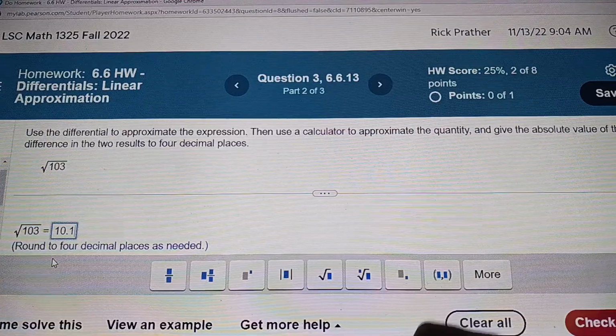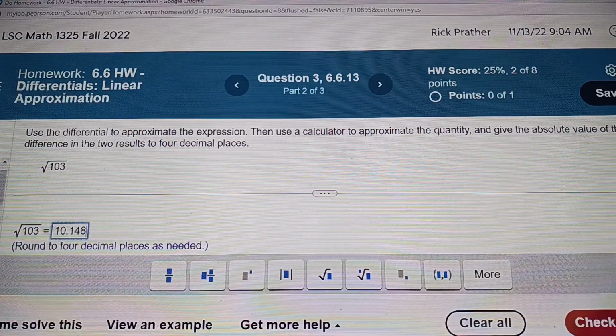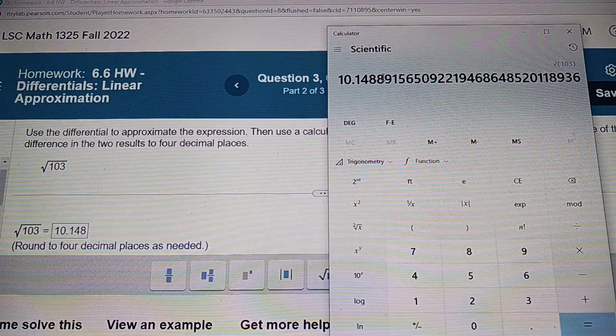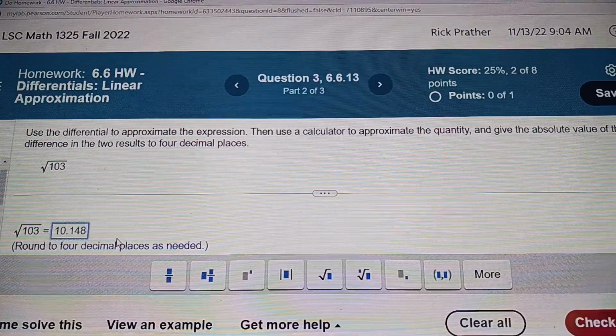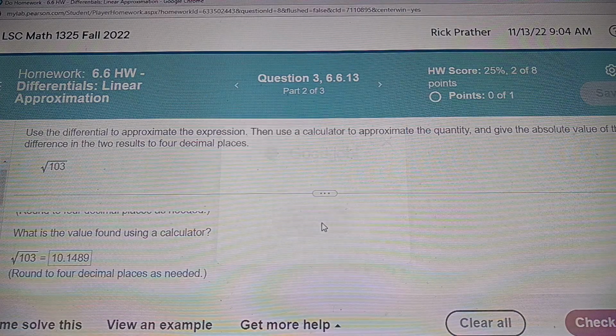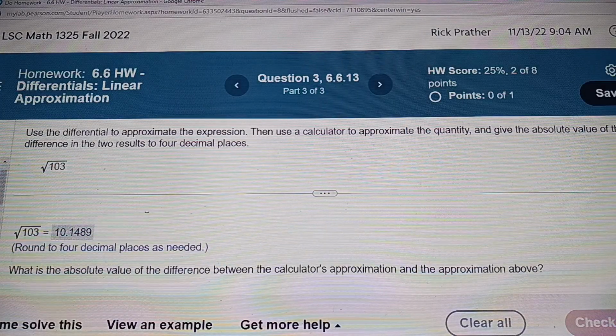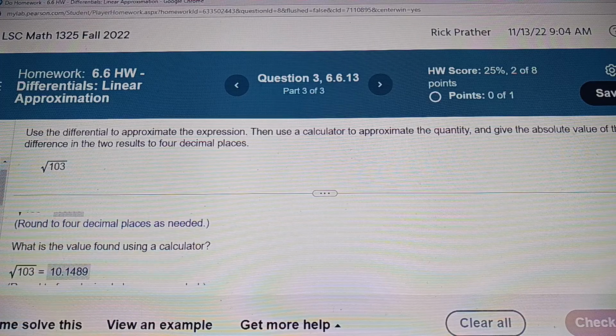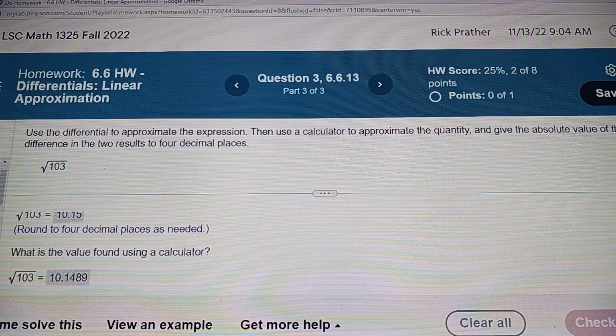That's 10.148, and then this 8 would get bumped up to a 9. So those are pretty close to each other. 10.15 versus 10.1489. In fact, if we rounded this to 2 places, it would be 10.15.